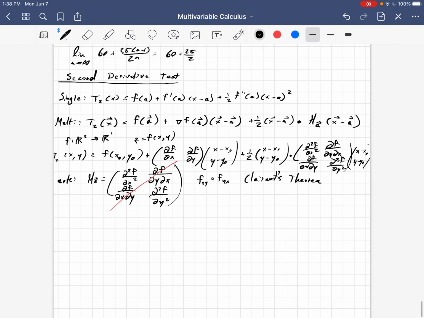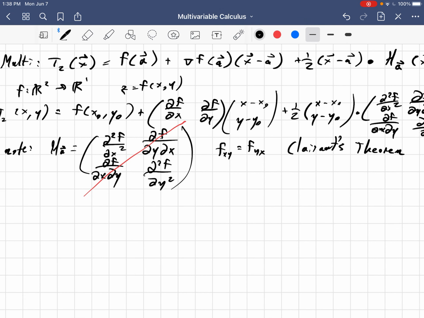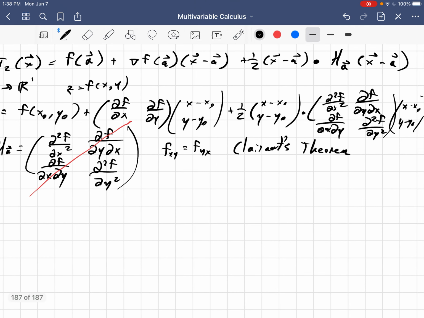Now, when you do all of this multiplication, and I do want to clarify the notation here, what this means is that we're first doing matrix vector multiplication, this matrix by this vector. We're going to get another matrix, aka another vector, and then we're going to dot that vector with this vector, and then multiply all that by 1/2. That's what this notation means.